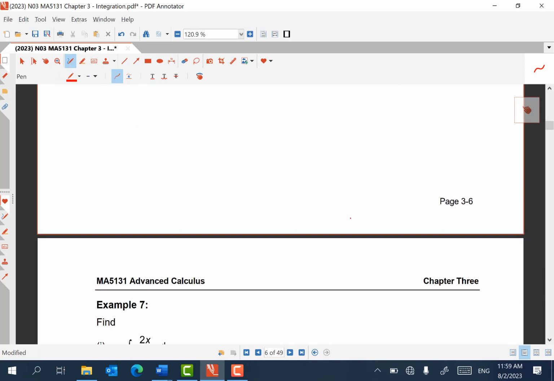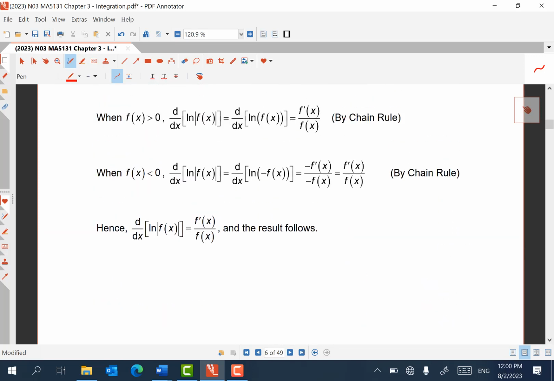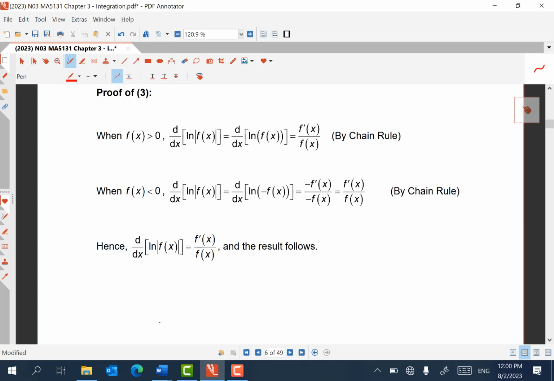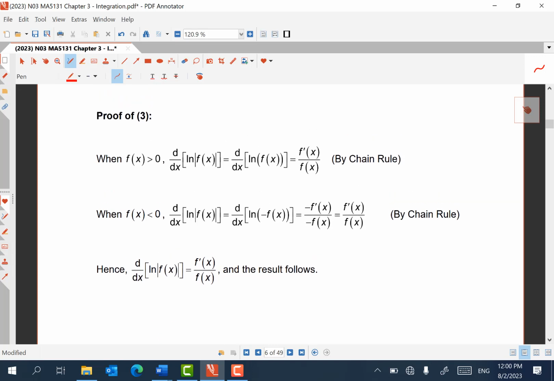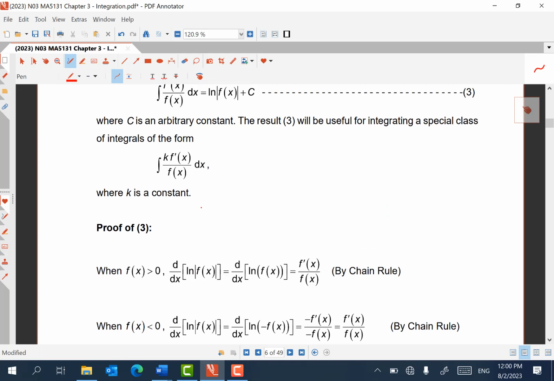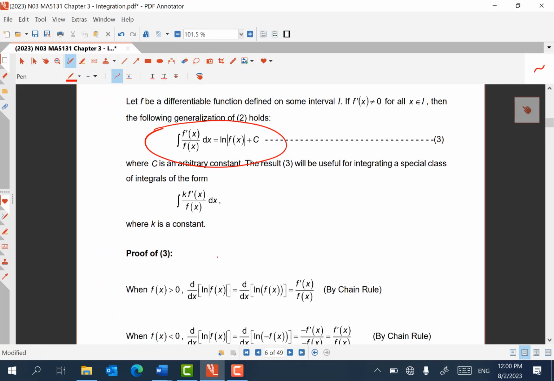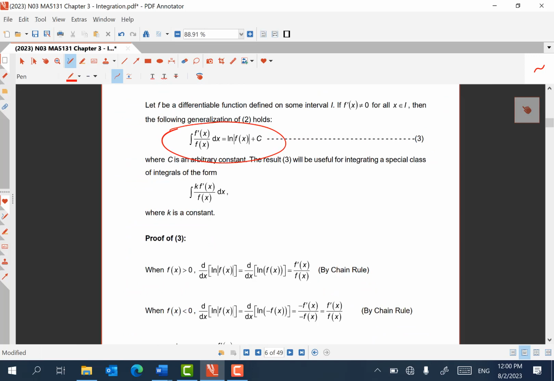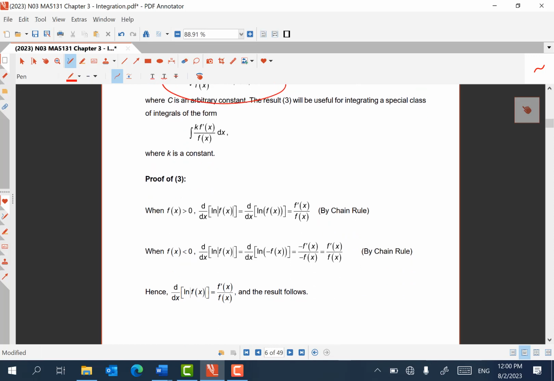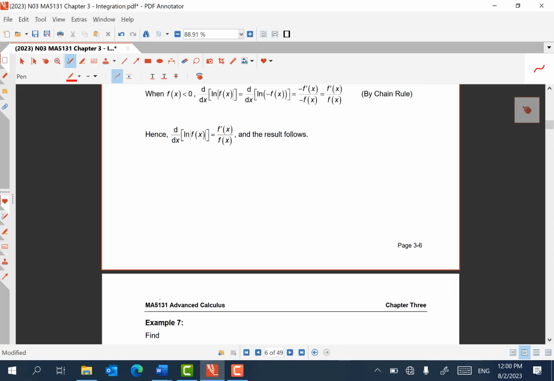Okay, yeah, hence the result follows. The result that this is like that. Okay, so this was my formula 2. Okay, let's press on.